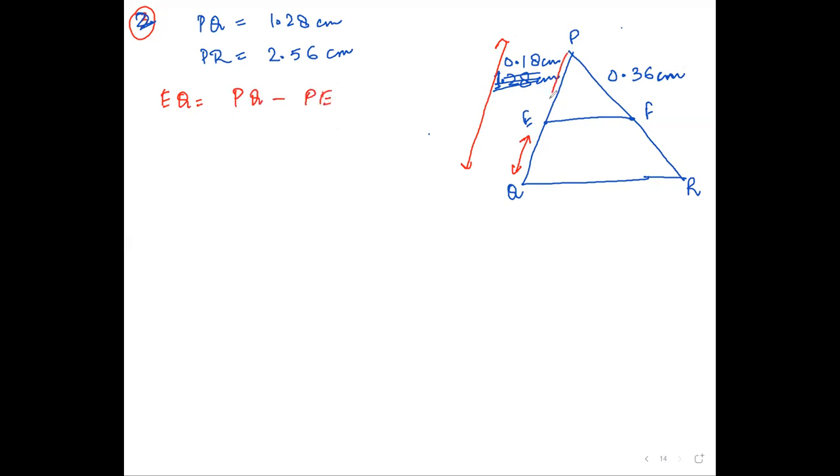This much is already given to you, and the complete side length is already given, so if you subtract this part, you will get the remaining EQ. So first of all, find out how much is EQ. EQ is PQ, that means 1.28 centimeter minus PE, which is 0.18 centimeter. Now tell me, what is the answer here?